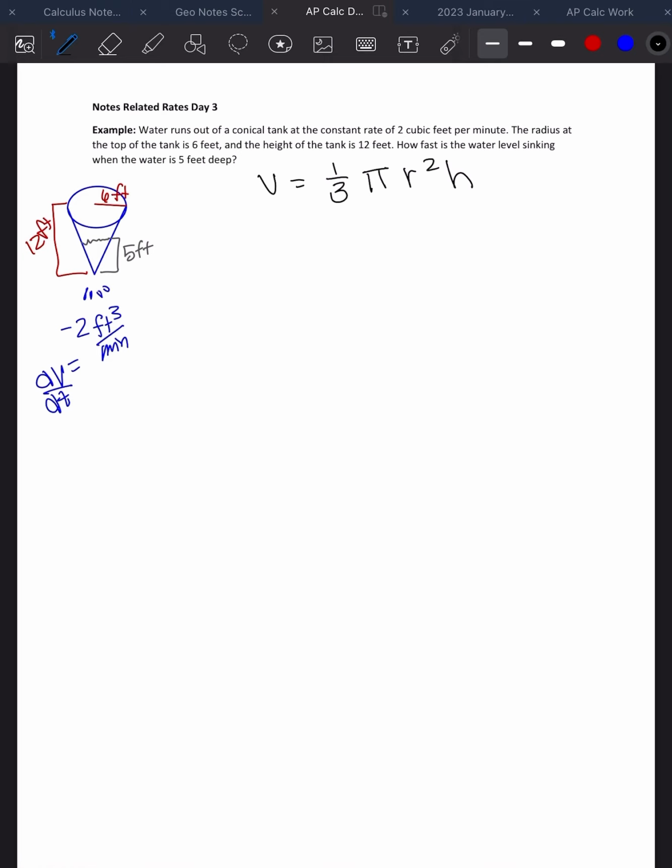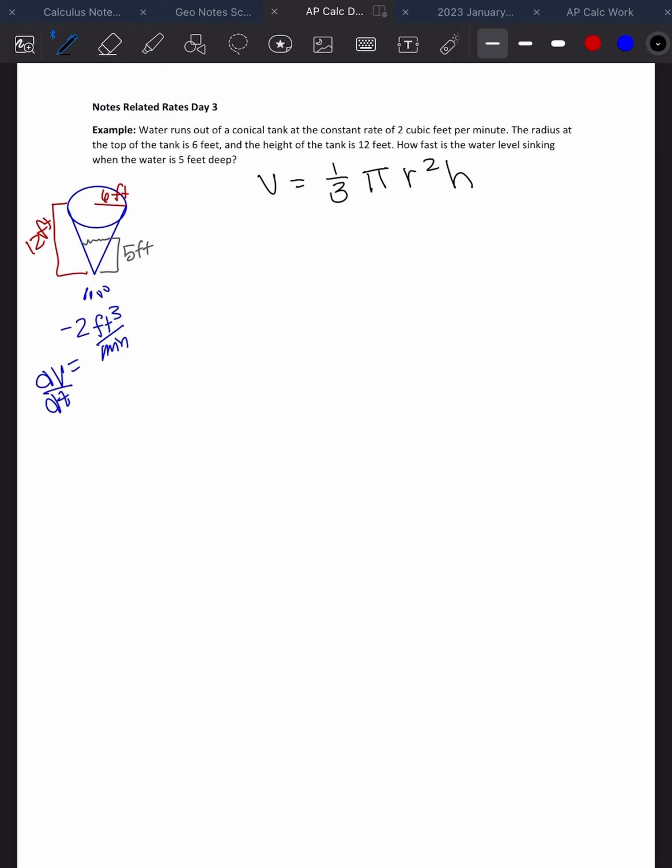One of the things we need to keep in mind here is they really didn't give us that much information. They gave us a volume's rate of change, but not the volume. They gave us the dimensions of the tank, and they gave us the height of the water.